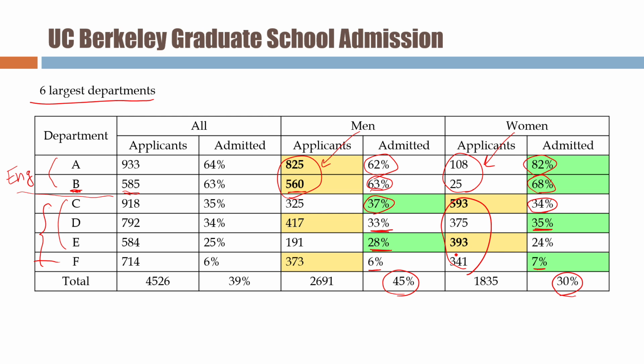That's why, even though department by department I don't see any discrimination, when we aggregate, a lot of women apply for the departments that are hard to get into, but a lot of men apply for the departments that are easy to get into. So men got a higher admission rate in aggregate, and women got a lower admission rate.